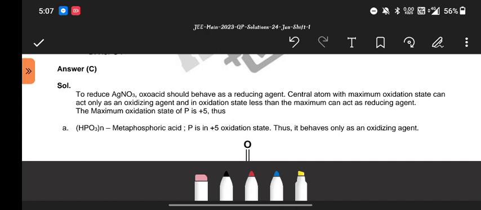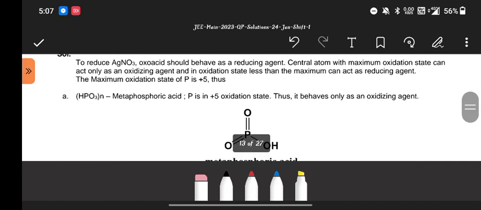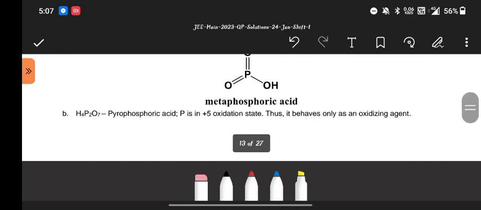So therefore the maximum oxidation state of P is +5. Here HPO3 is metaphosphoric acid. So P is in +5 oxidation state, so it behaves only as an oxidizing agent. And H4P2O7 is pyrophosphoric acid, where P is in +5 oxidation state, so therefore it will also behave only as an oxidizing agent.